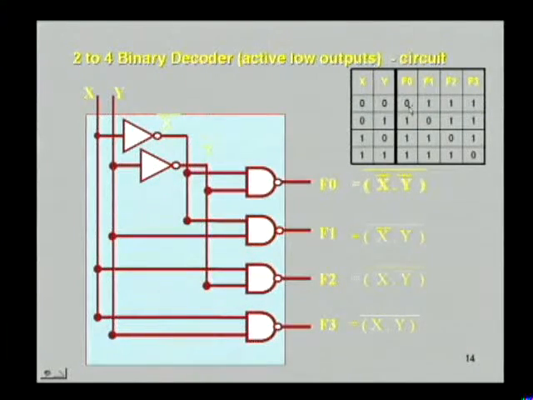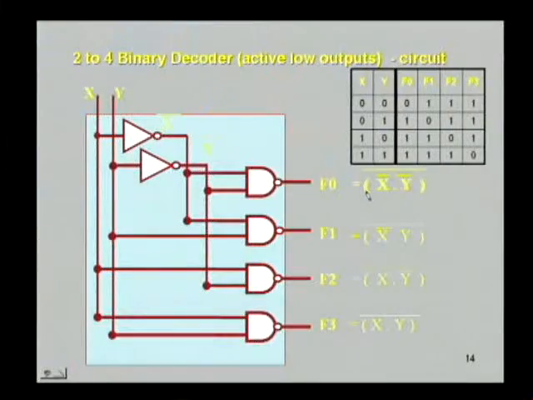For 0 0 combination, F0 will be 0, for 0 1 combination F1 will be 0, for 1 0 combination of inputs F2 will be 0, and for 1 1 combination of inputs the last output F3 will be 0. This we see on the circuit diagram on the board.